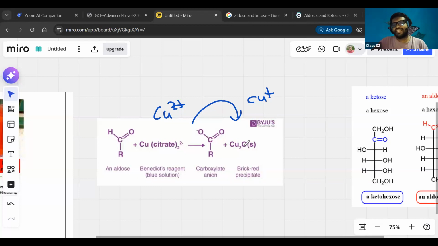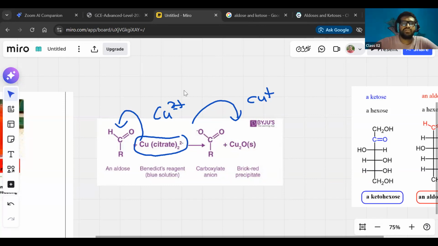This copper oxide is a brick red precipitate, so we can conclude that the reagent reacts with aldoses to form this brick red precipitate. But for non-reducing sugars, which have a ketone group, this is not the case.